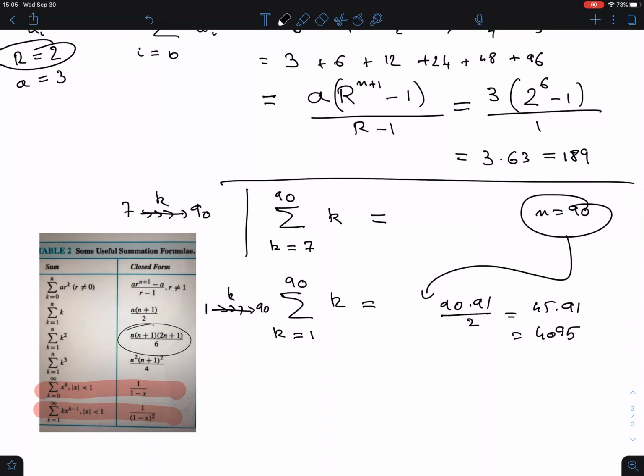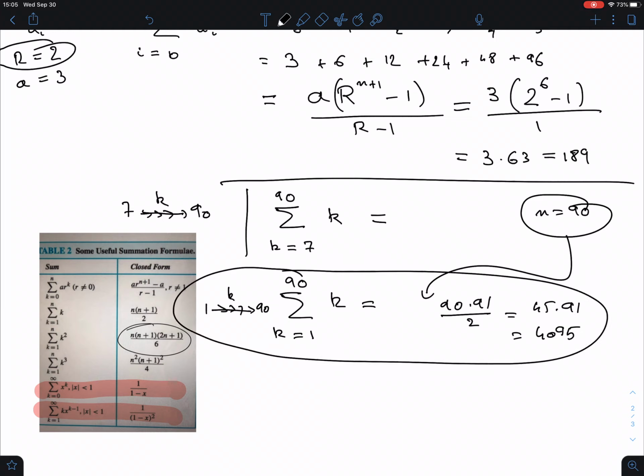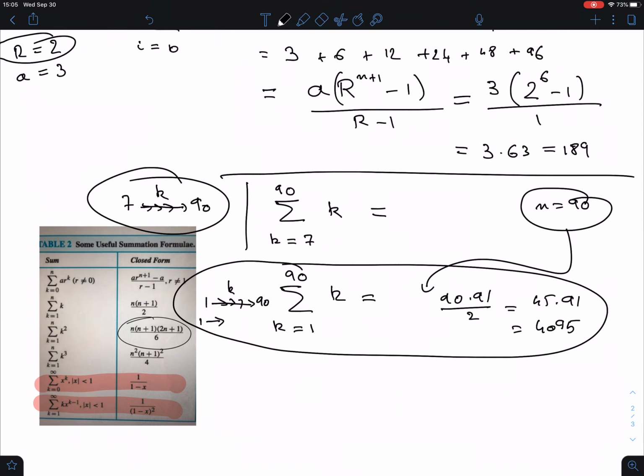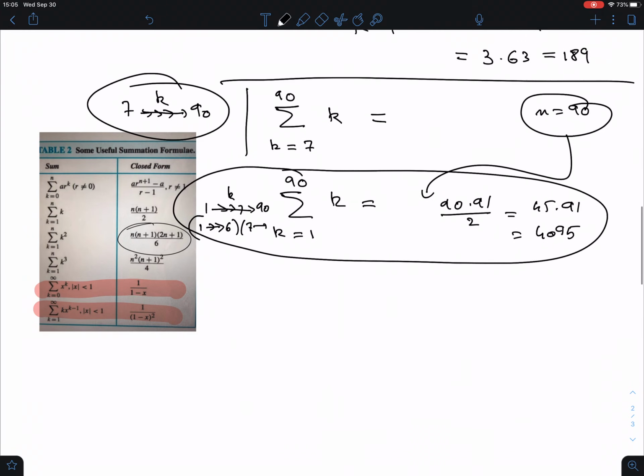This we know, this we still don't know. The difference is that we can split this in two parts. We can go from 1 to 6, and then from 7 to, sorry, I got a little bit in the way here. Let me do this over again.